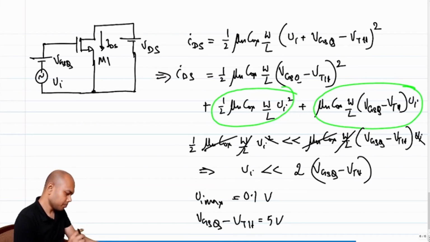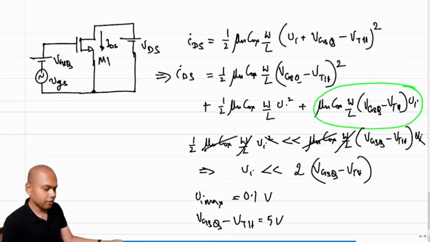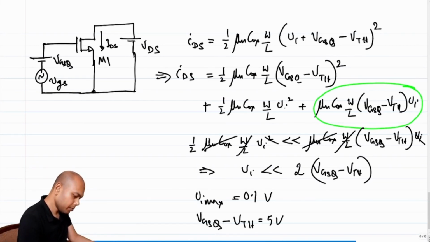I should be more careful, and instead of putting Vi, let me make it more explicit. Let me call it incremental VGS, because the input has been applied between the gate and the source. So let me modify this as small VGS.